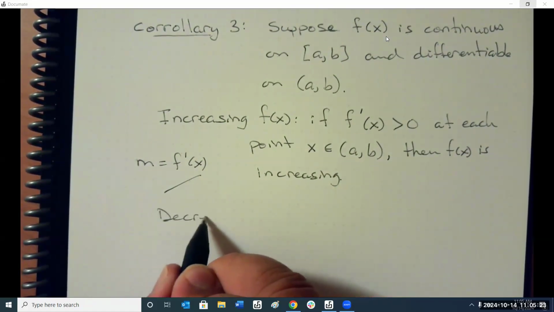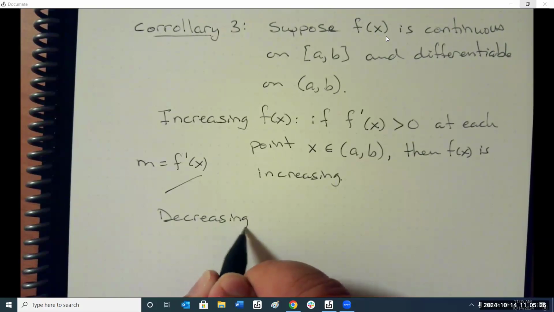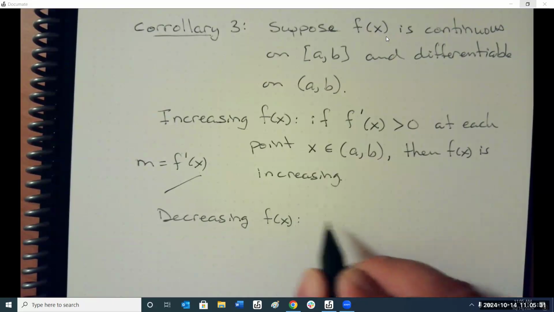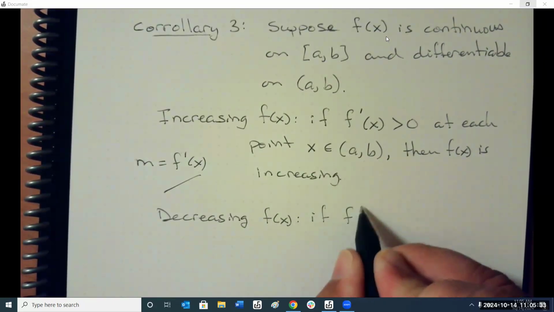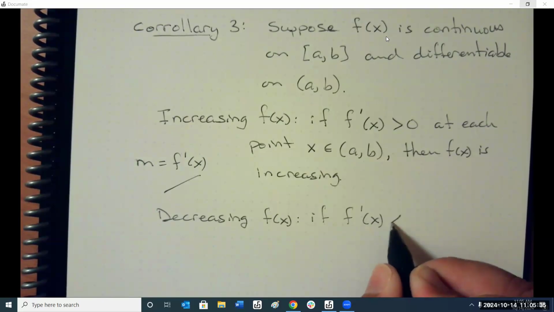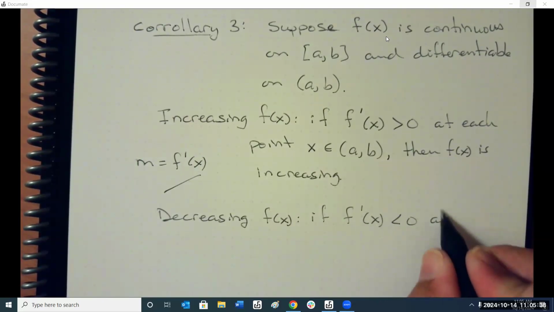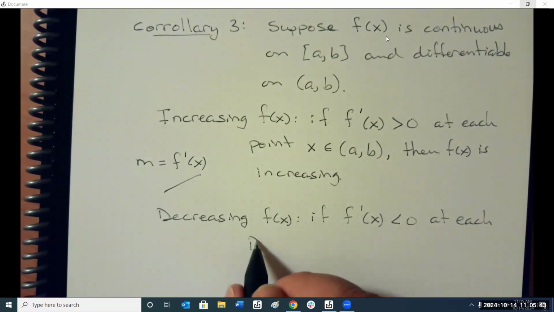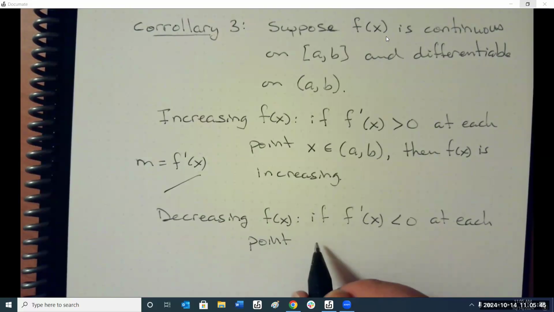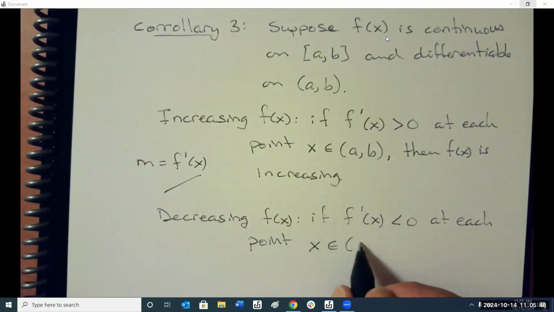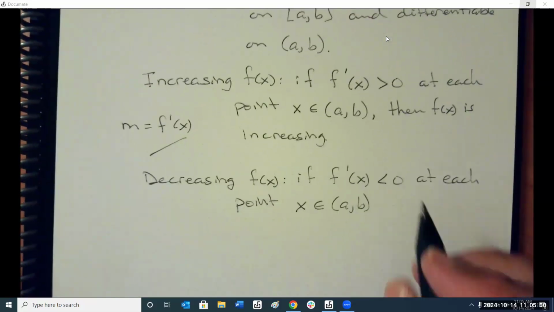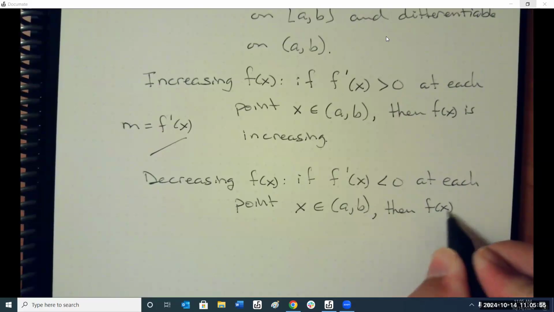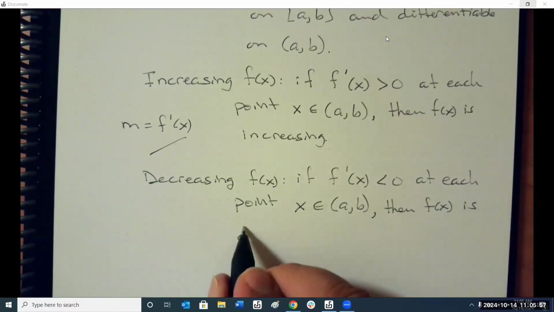Decreasing. A decreasing function. If the first derivative at x is less than 0 at each point x in the open interval AB, then f of x is said to be decreasing.